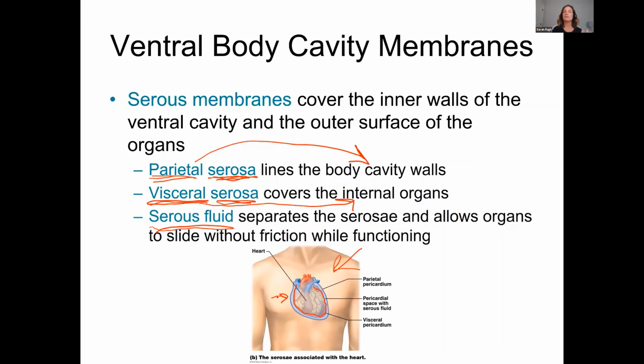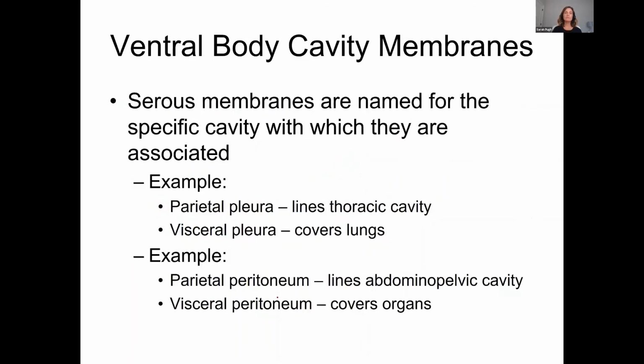And so what we do to be more specific is we take off the word serosa and we replace it with the name of the cavity, right? So an example would be, instead of calling it a parietal serosa, we might call it parietal pleura when we're talking about the one that lines the thoracic cavity, the one that is found in the pleural cavity where your lungs would be found.